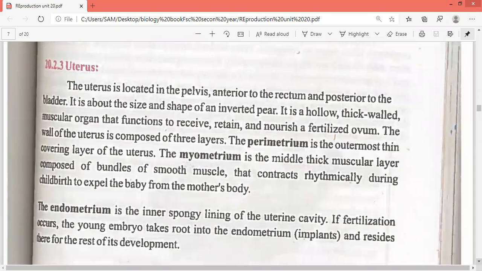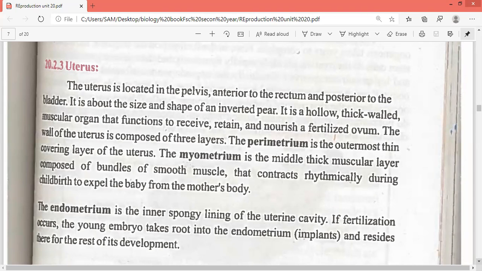Actually, the uterus is located in the pelvic region. Nida was asking me, if I am not wrong, that in Section E, ma'am, reproductive systems are present in the pelvic region. Yes, some part of it is present in the pelvic region, but the external genitalia are on the outside, okay?